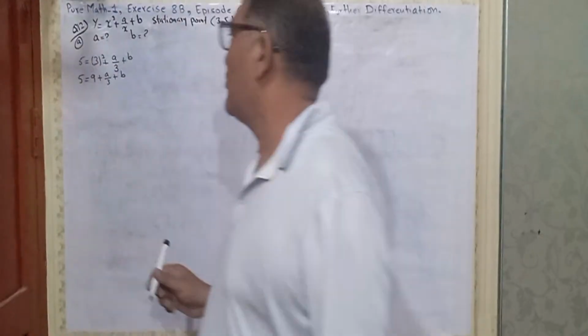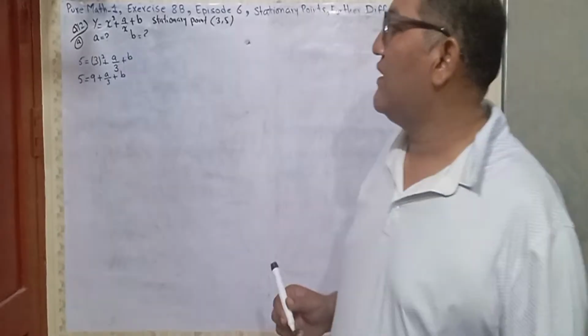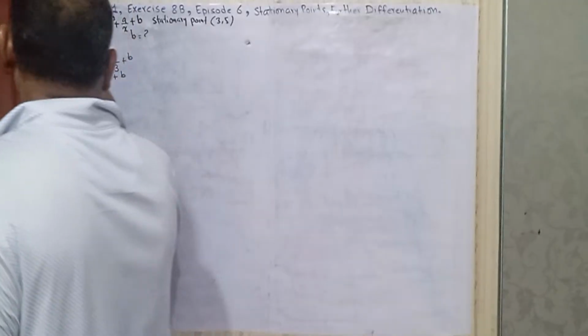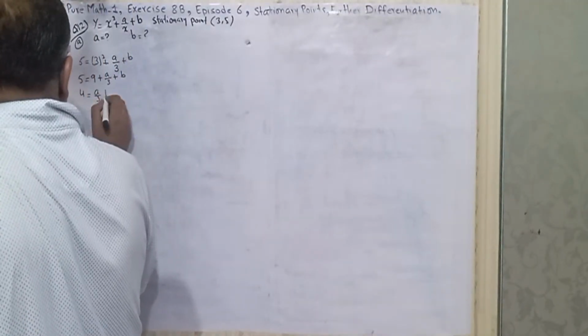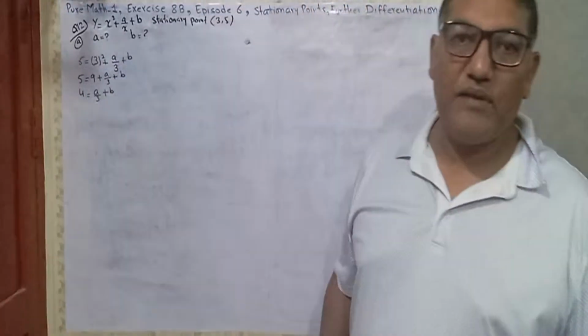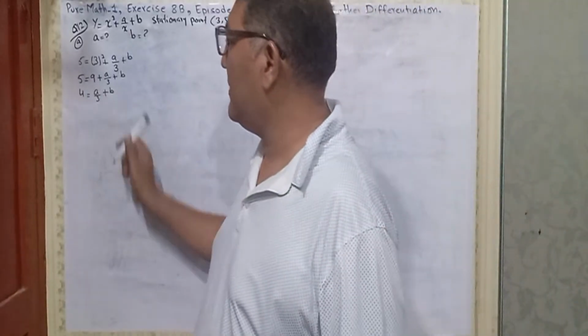So you see, in place of x I put 3, and in place of y I put 5. Then 5 minus 9, that is minus 4, equals a by 3 plus b. Now I can multiply all the terms by 3.